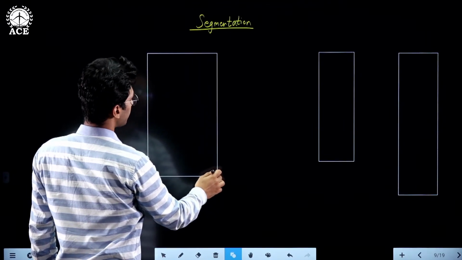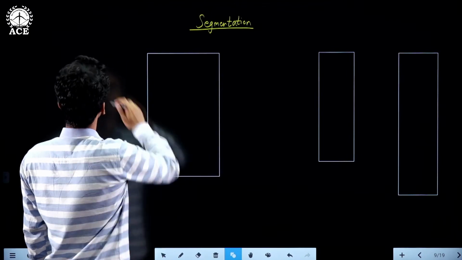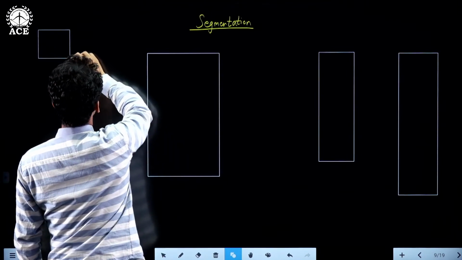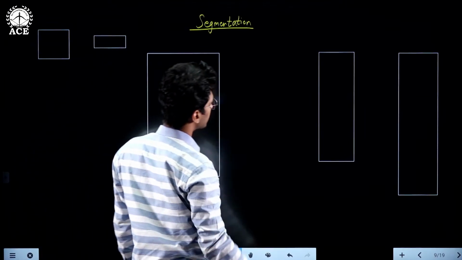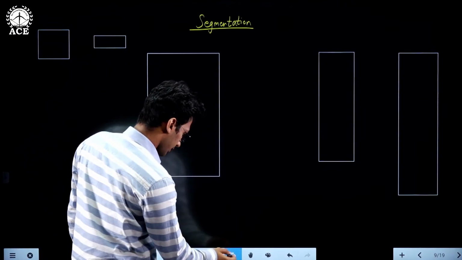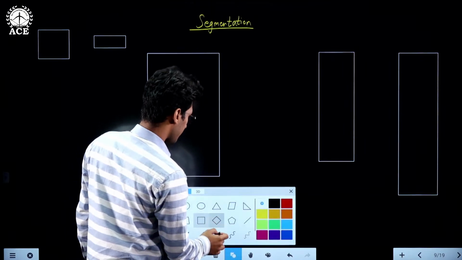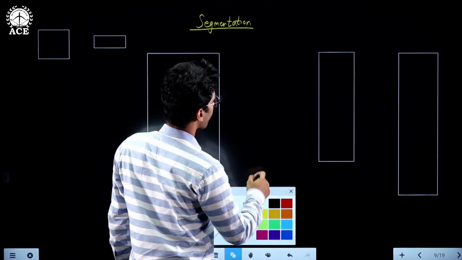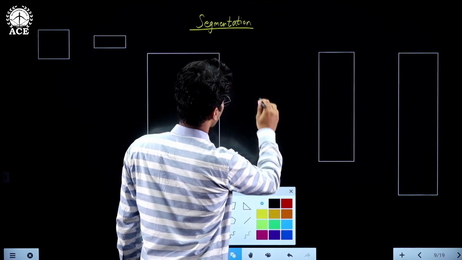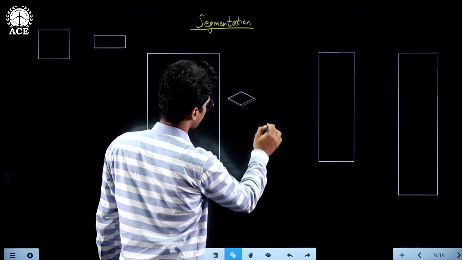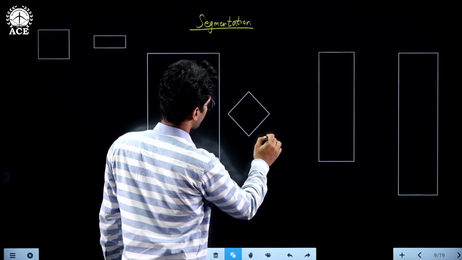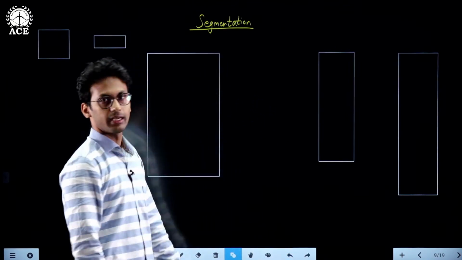We will maintain a segment table. CPU will generate the logical address. This will be the logical address. I'll do it later.